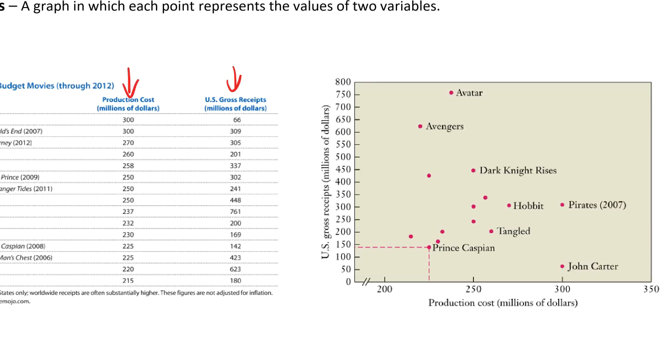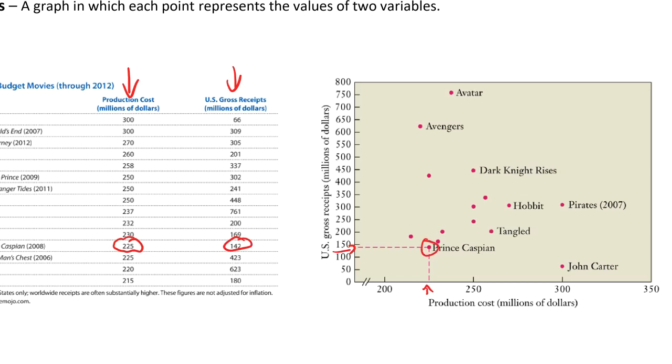So, for example, Prince Caspian right here was at $225 million production cost. So that was the x-axis. And it made $142 million. That was the y-axis.